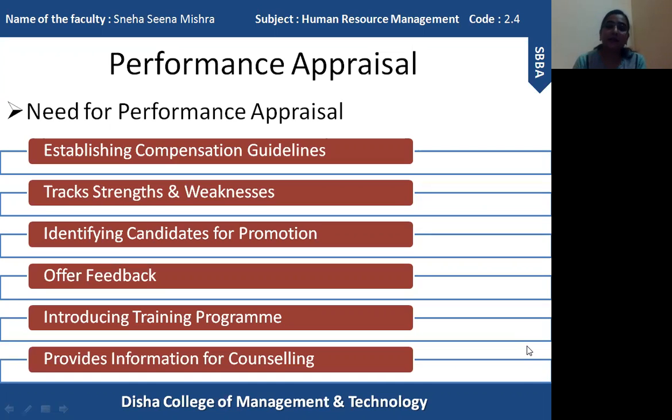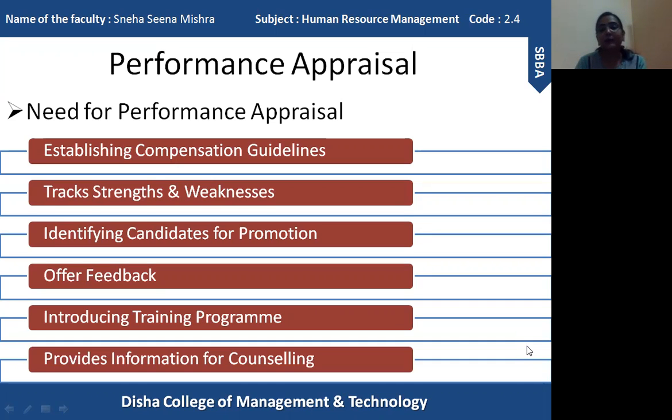And for these various reasons, performance appraisal is required in every organization to have a good working culture where employees and employers share a good relationship. It also helps in building better industrial relations, because it increases mutual trust between the management and the employees.